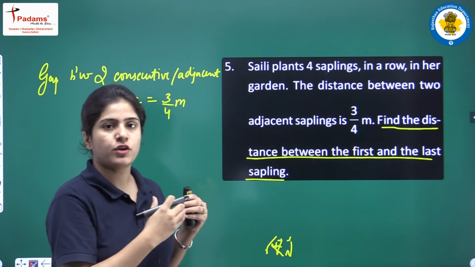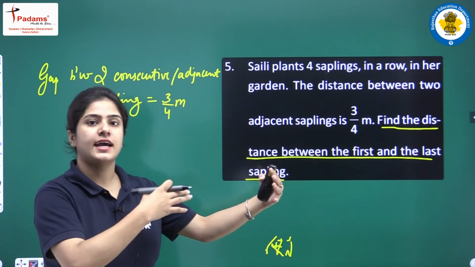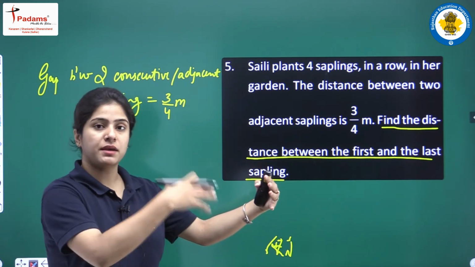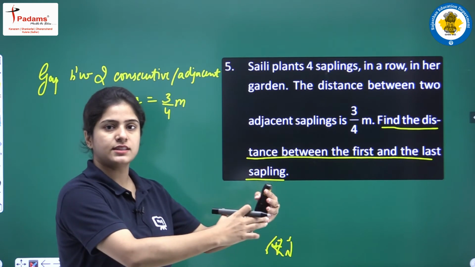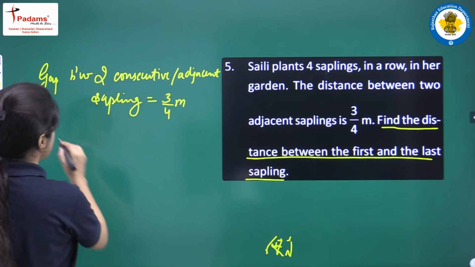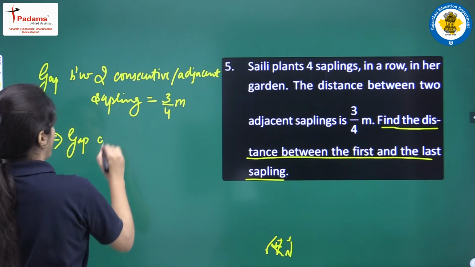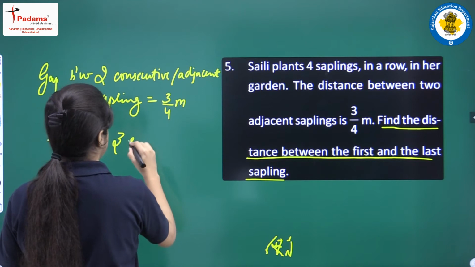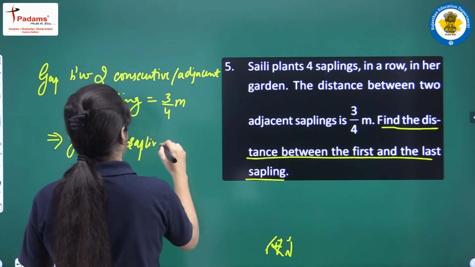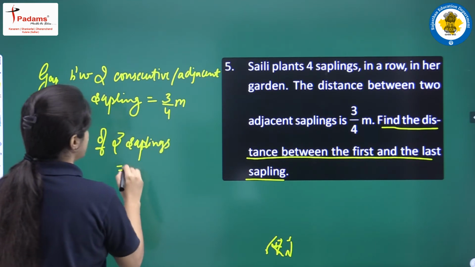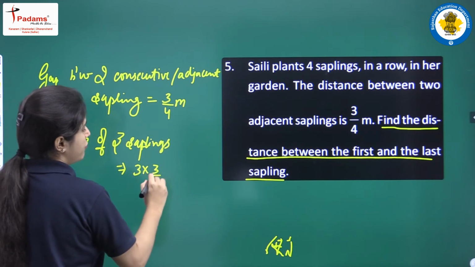First and second, second and third, and third and fourth. So the gap of 3 saplings is equal to 3 into 3 upon 4 meters.